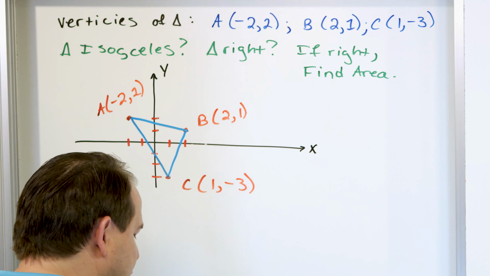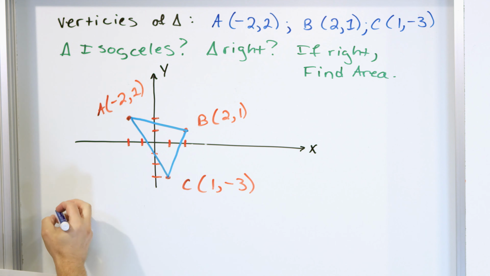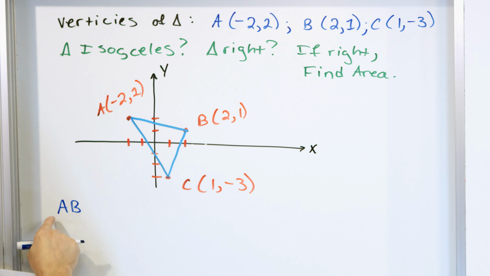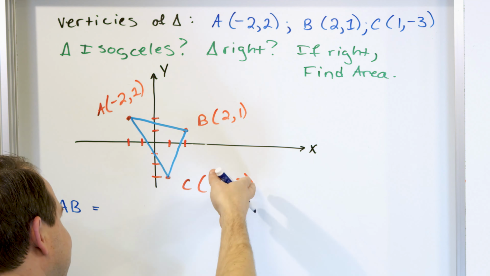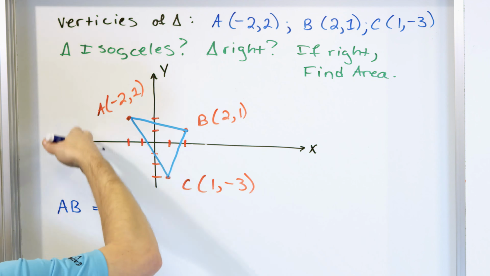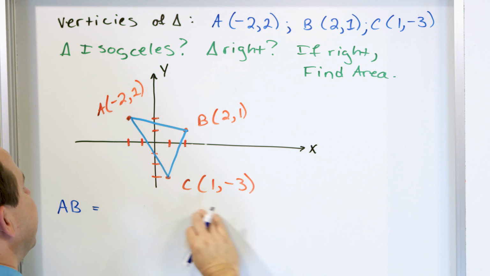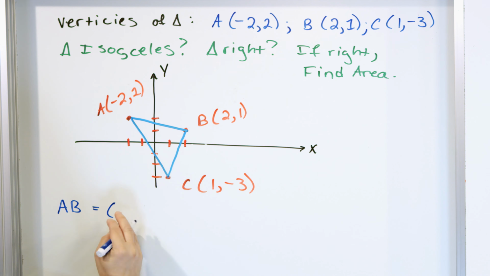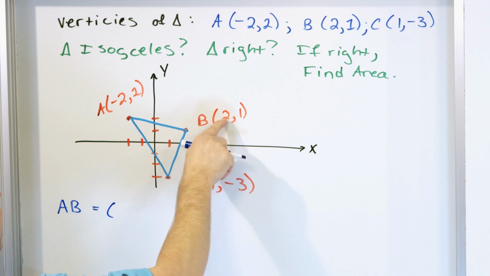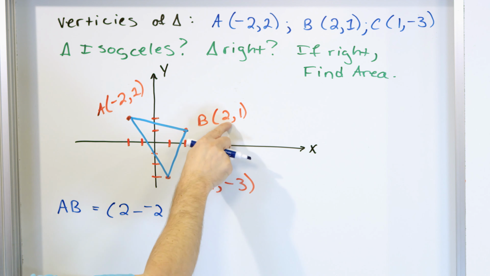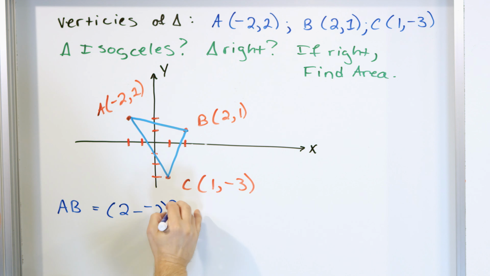So in order to figure out the length of this side here, we're going to call it side AB because it goes between points A and B. We're going to use the distance formula. It's x2 minus x1 squared plus y2 minus y1 squared, and you take the square root of the whole thing. We've done this so many times, I'm not going to write the distance formula out every time. We take the x points. Let's start from B and subtract off A. So it'll be 2 minus the -2, that's the subtraction of the x points squared.